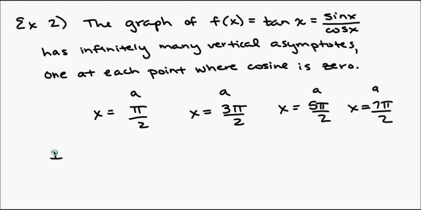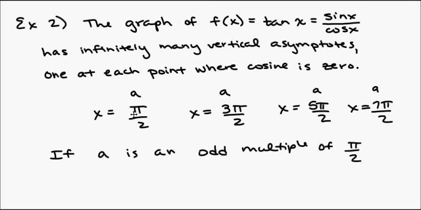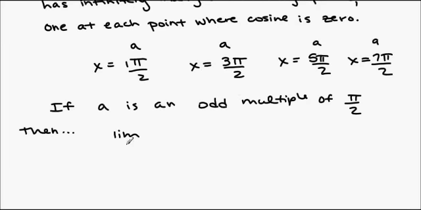And if a is an odd multiple of pi over 2, and that's what we talked about here, coefficients 1, 3, 5, 7, it'll keep going, then the limit as x approaches a, so right hand limit, of tan x is negative infinity, and the limit, the left hand limit as x approaches a of tan x is positive infinity.